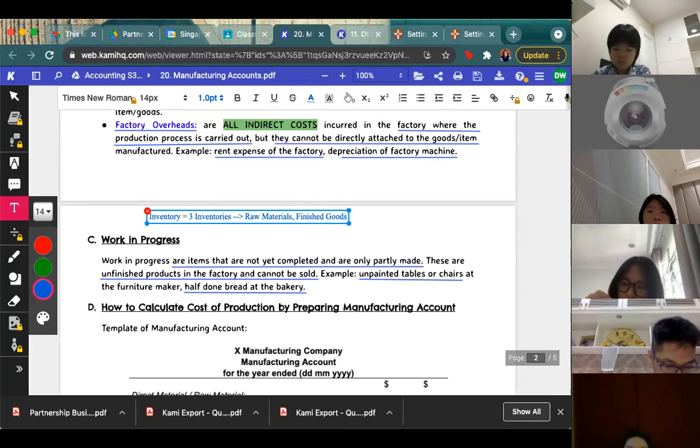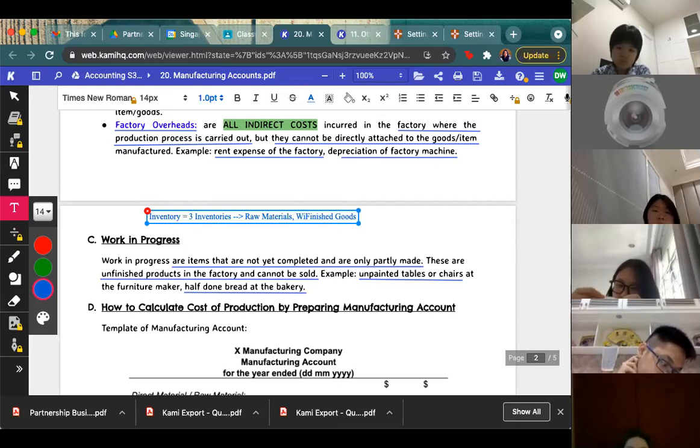Okay, but before it becomes finished goods, sometimes the factory has part of inventory that is still half done or not yet finishing the production process.